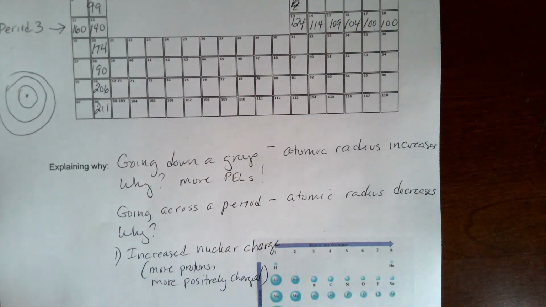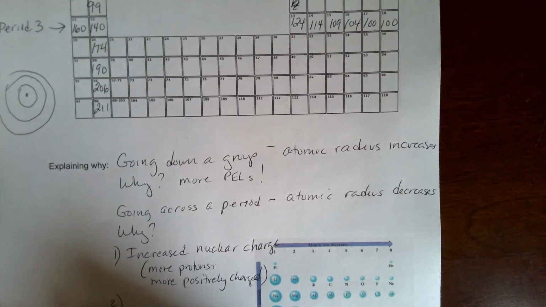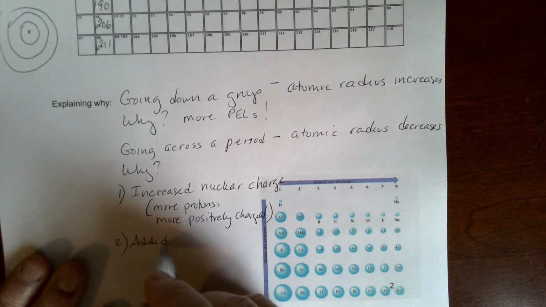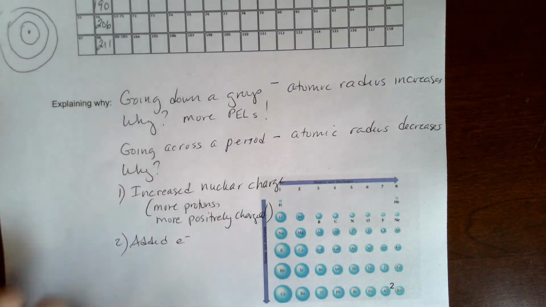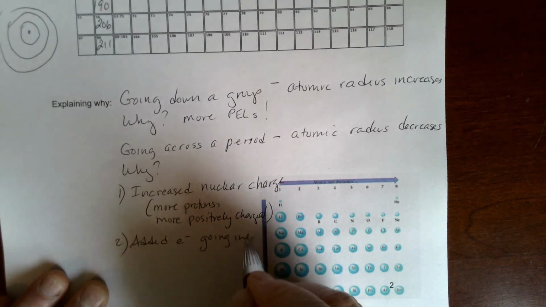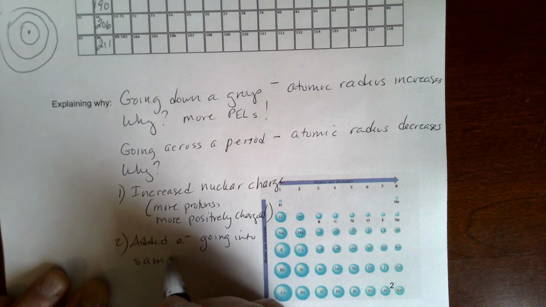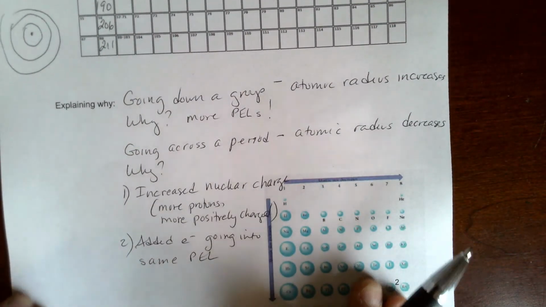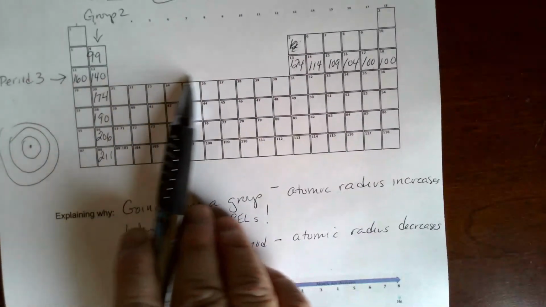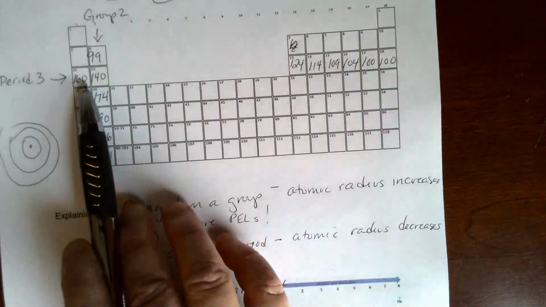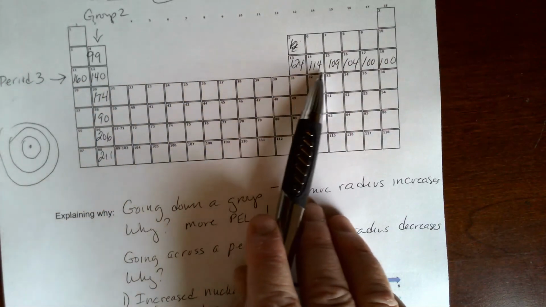Okay. The second part of this is that the added electrons, when we add them, they're not going into a new principal energy level. They are going into the same principal energy level. Okay. So as we add protons, that nucleus is getting more and more powerful, and we're adding more electrons, so the valence shell is getting more and more negative.